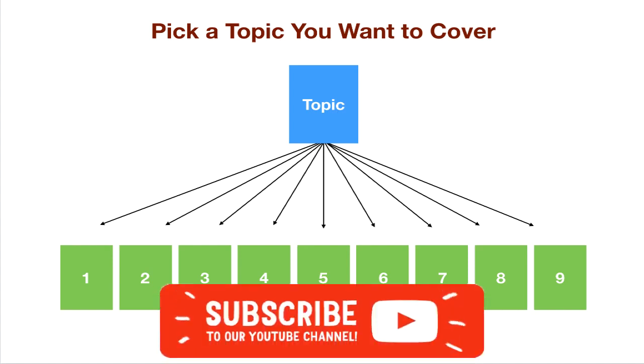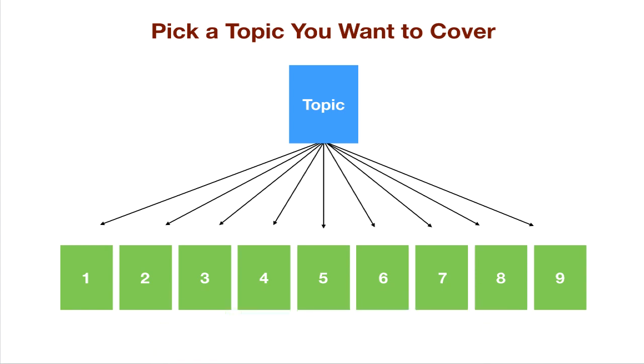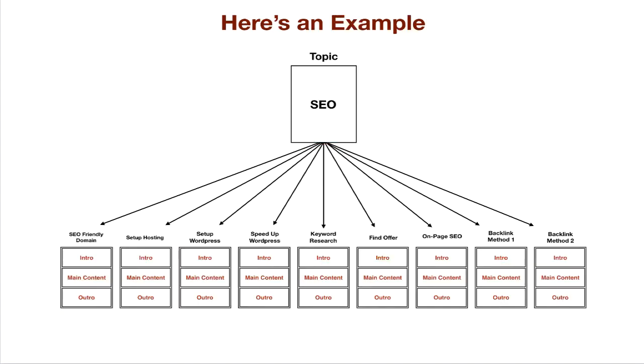So the first thing that we need to do is to find a topic and create the videos. So what I'm going to do is show you how I created my last series. When I was coming up with a topic, I decided to go with SEO, which is search engine optimization. And then I had to create all the video topics. So I planned it all out, and I walked myself through the entire process as if I was going to do this from start to finish.